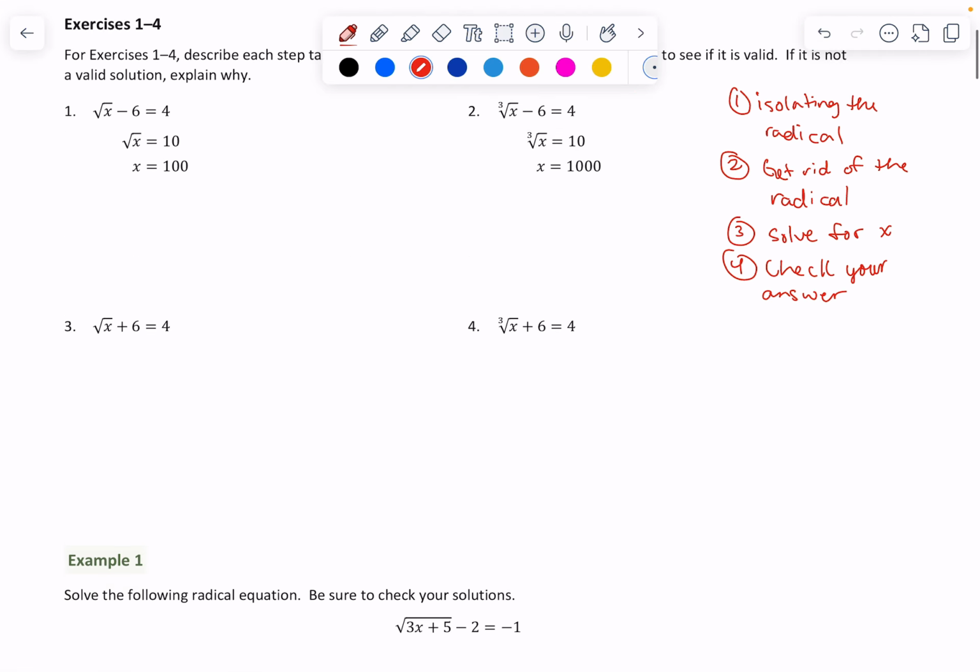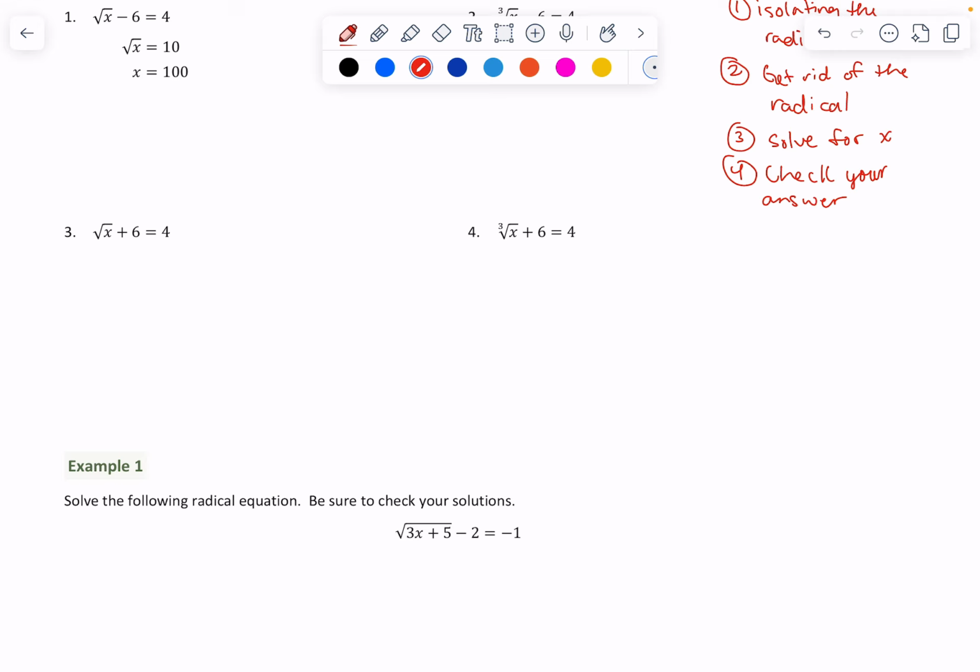So after that, we went straight into 3 and 4, where we had to solve both of these equations. You subtract by 6, get -2. When you square both sides, you have to include parentheses, so this gives us x equals 4. But the problem here is that when you check your answer, the square root of 4 plus 6 does not equal 4, which means that 4 is what we would call an extraneous solution.